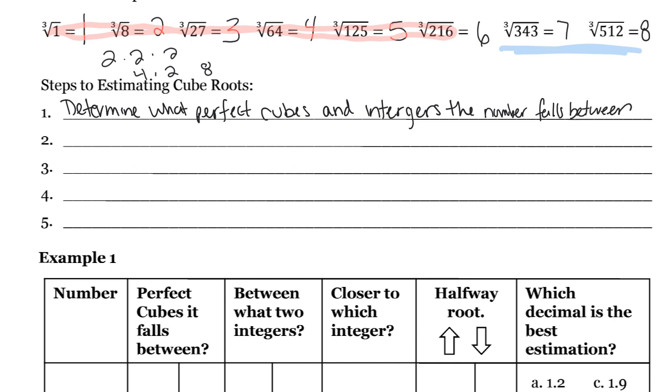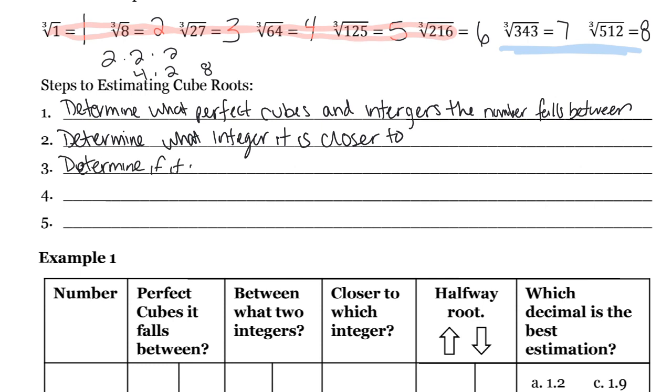Next, we determine what integer it's closest to. So determine what integer it is closer to. Is it above or below the halfway root? Okay. Determine if it is above or below the halfway root.